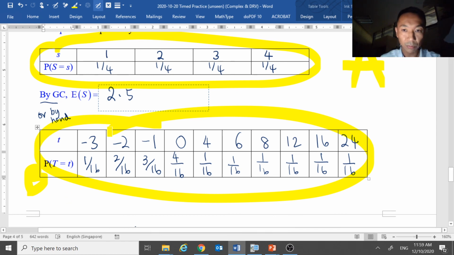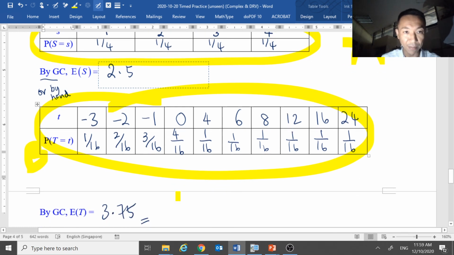Now, you toss option A. There are many possible winnings. You could win $1, $2, $3 or $4, they are equal probability. Option B, you could lose $3, $2, $1, you may not win, you win 4, win 6, win 8, etc. Therefore, your expected winning for A and B are 2.5 and 3.75 respectively.